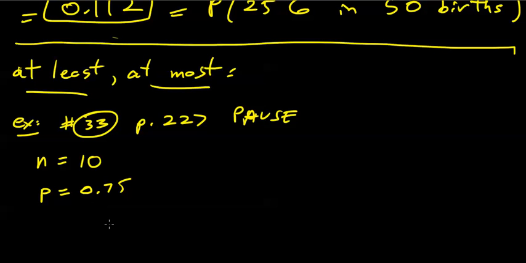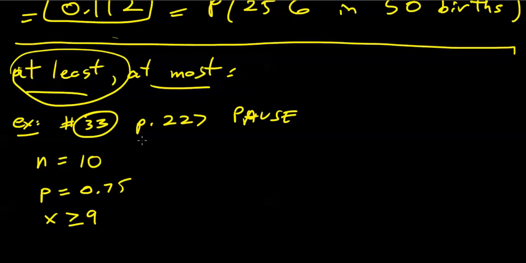The author tells us that explicitly. So I want the probability, not that X is 9. The book says X is at least 9. So be wary of that at least and coming up at most situation. X has got to be at least 9. Well, that means 9 or 10, right? If X is greater than or equal to 9, that means X equals 9 or 10.